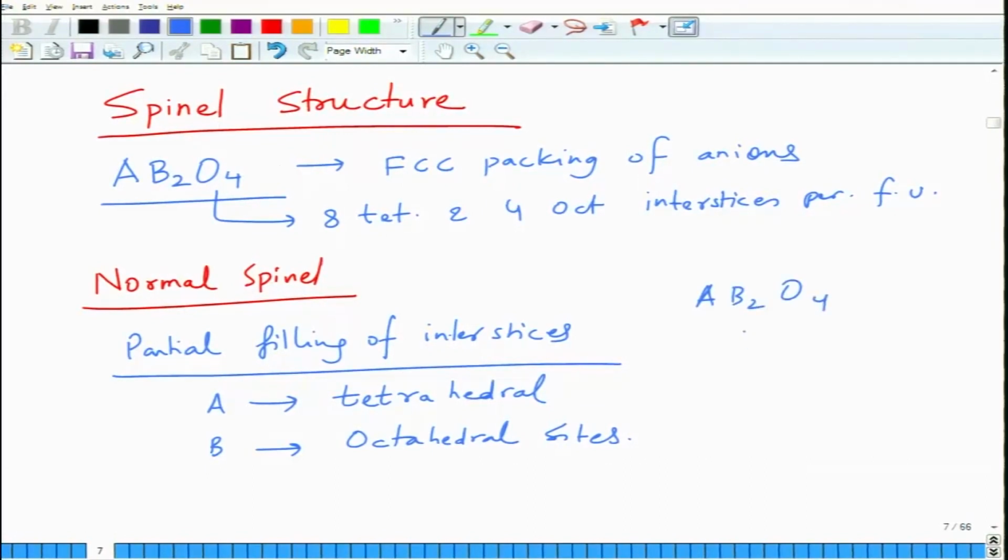AB2O4 can be written as if it's a mixture of AO dot B2O3. So, there is a sublattice of AO, there is a sublattice of B2O3, they are mixed into each other to give you AB2O4. So, it turns out that all the oxygen atoms will make FCC lattices, and A will go to tetrahedral sites and B will go to octahedral sites.